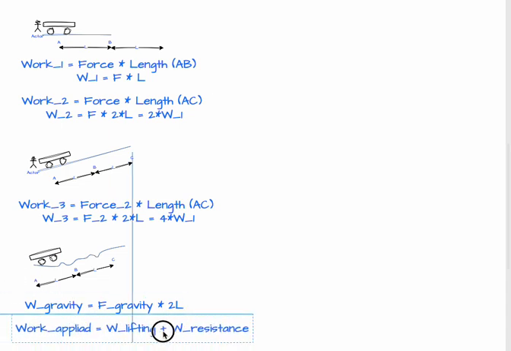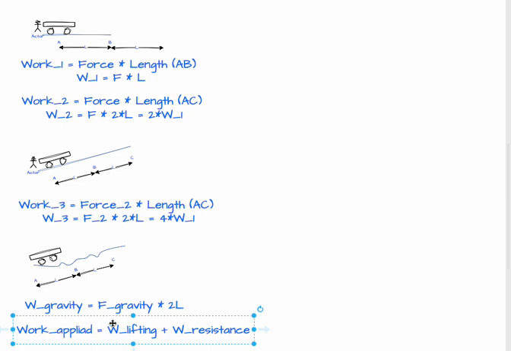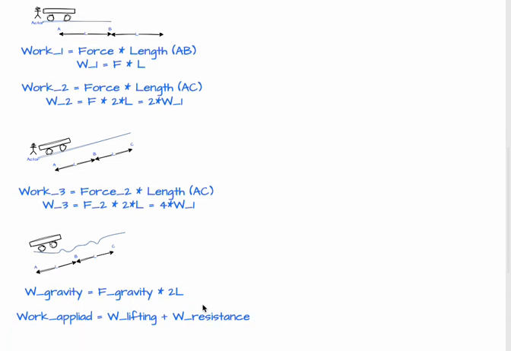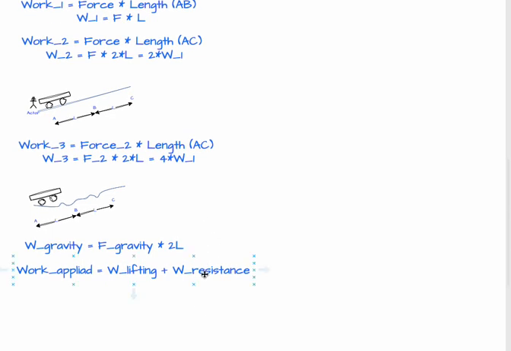Why? Because our applied work goes partly to lifting the trolley and partly to working against resistance forces. So not all our work is productive; we have to deal with some resistance in the environment, the surface, or maybe we do it underwater, and we have to work against water resistance, etc.